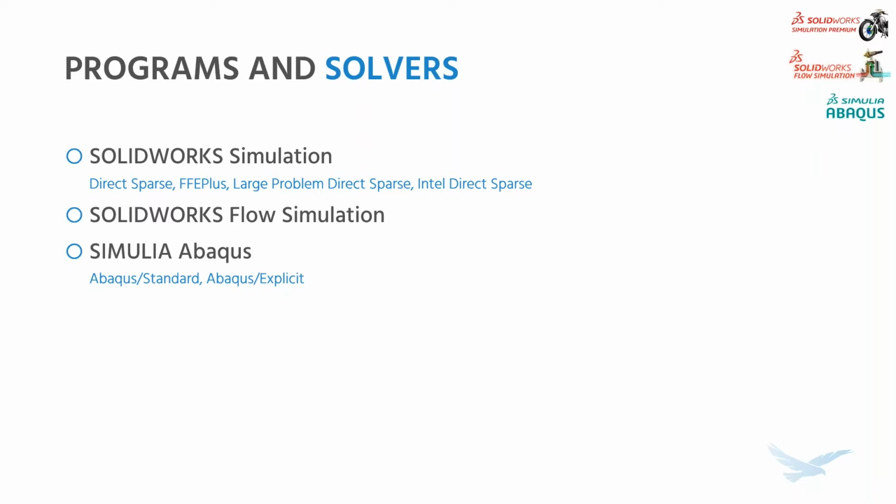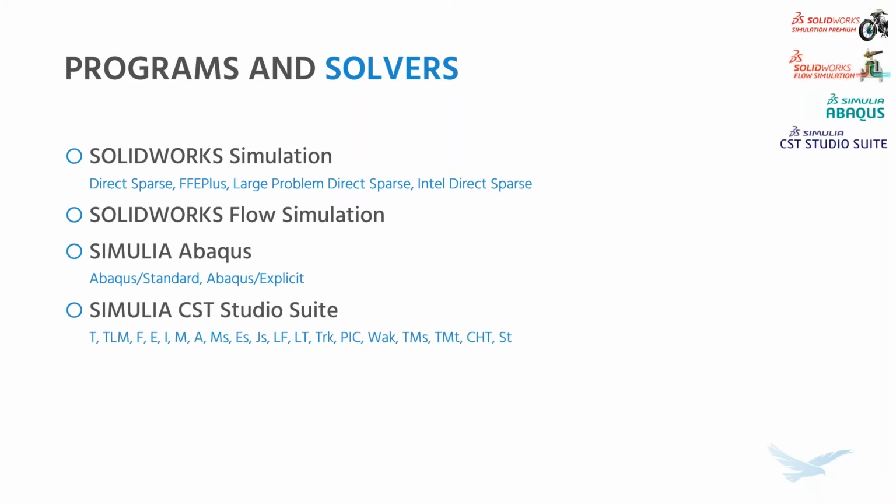This is an analyst level tool, so it's quite a bit more complex, got quite a bit more capability. And so when you get to really challenging problems, this can be a nice option to turn to. We're going to see some examples using Simulia CST Studio Suite, which is an electromagnetics simulation tool. And we're also going to see a little bit of Simulia XFlow, which is another computational fluid dynamics tool using a different type of technology than the SolidWorks Flow Simulation tool.